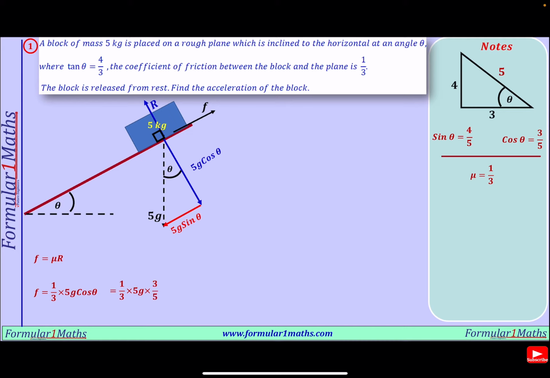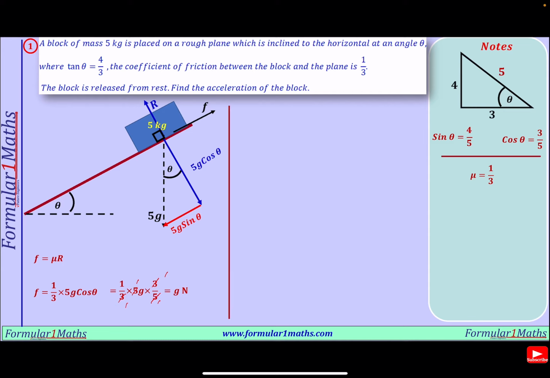But cos theta is 3 over 5. So we substitute and then reduce the fractions by cancelling out 5 here, 5 there, 3 here, 3 there, and that's how we end up with g newtons as our friction.